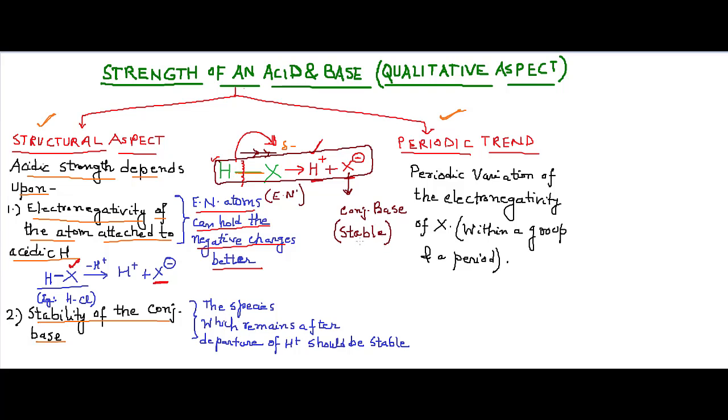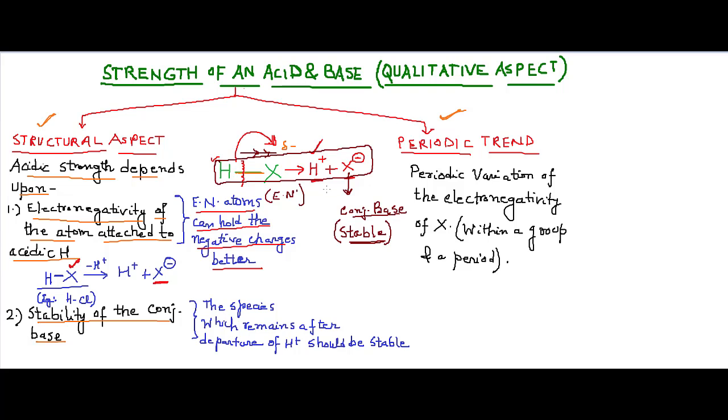Then only it will be quite logical that the acid is a strong acid, because when the acid is strong, it will easily give up its protons. And only when the X minus, the conjugate base, is stable will the acid have a tendency to give up its protons.